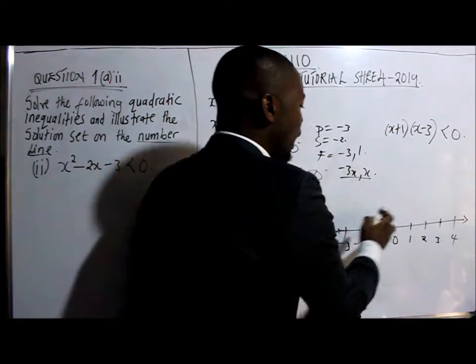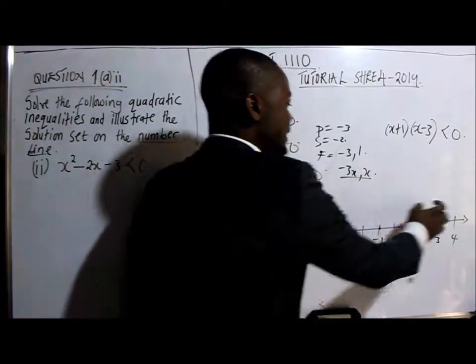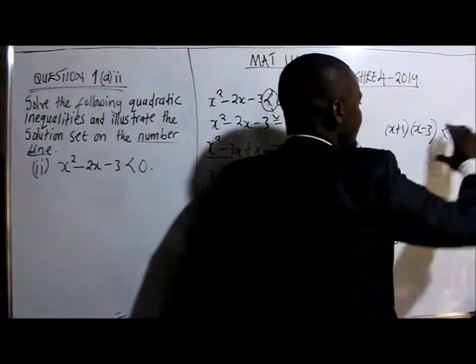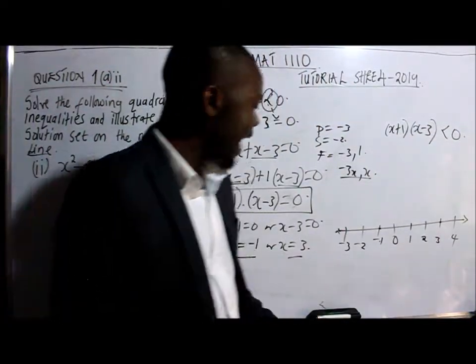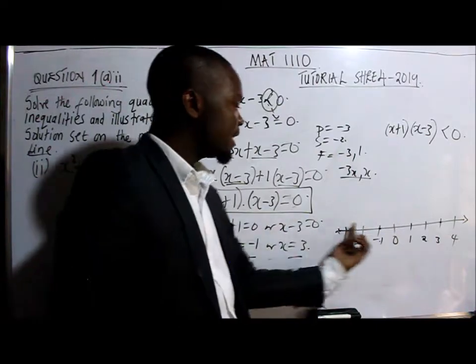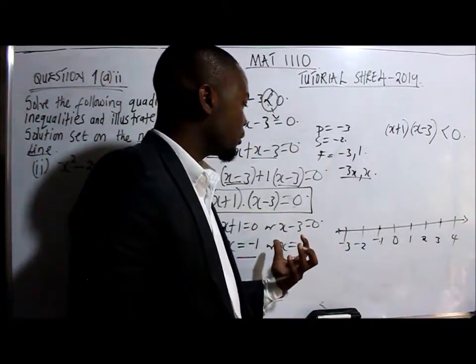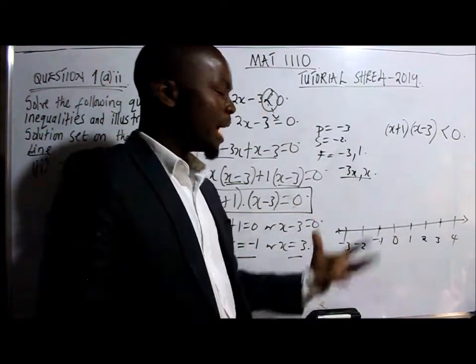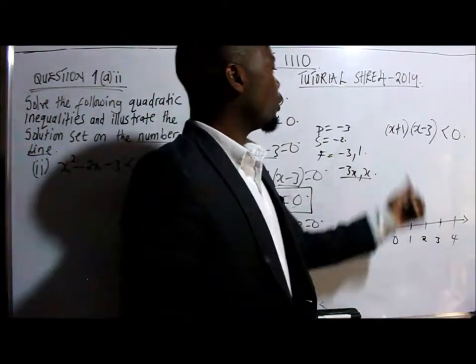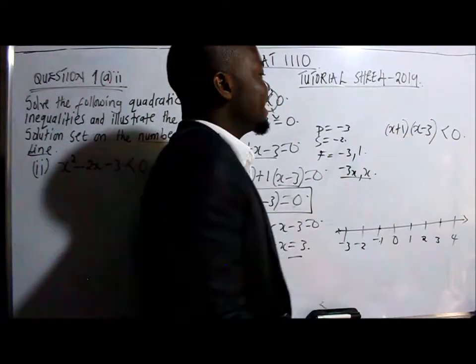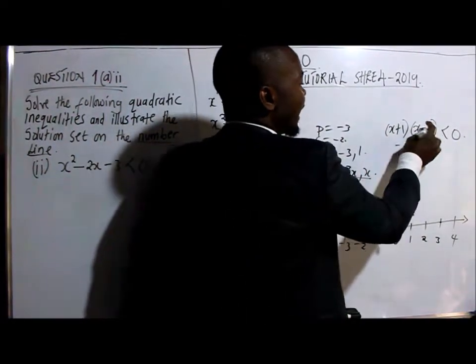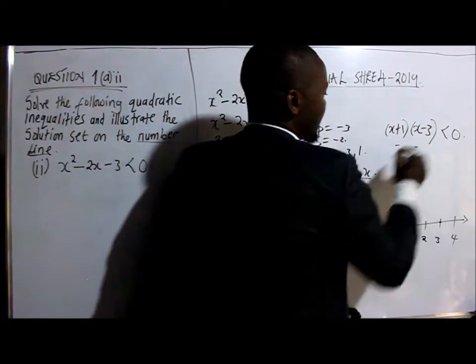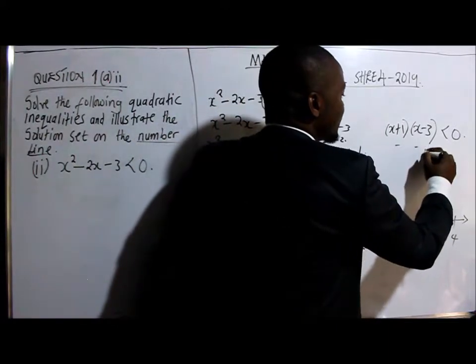Now, which numbers will make this inequality true? Let's take any number from this side, for example negative 100. When you put negative 100 here, this will be negative, and here also negative. A negative times a negative is a positive.